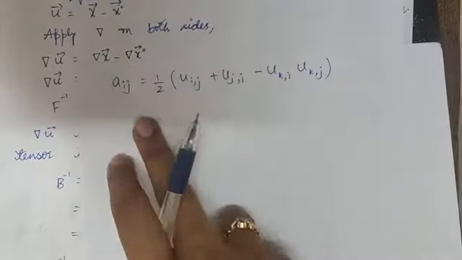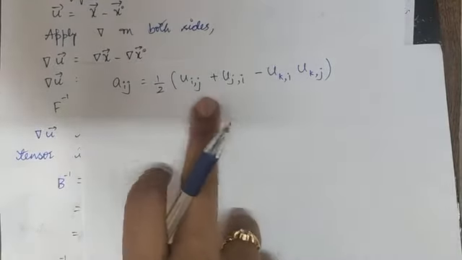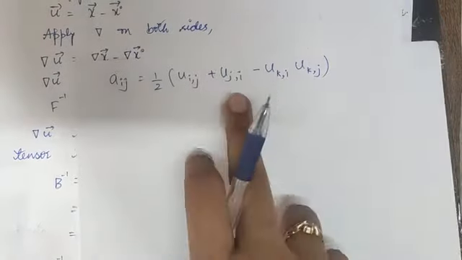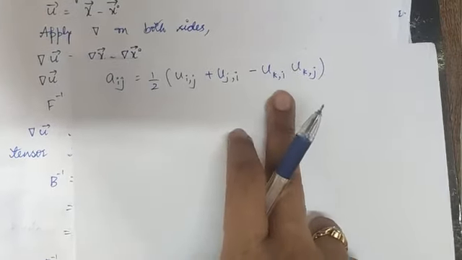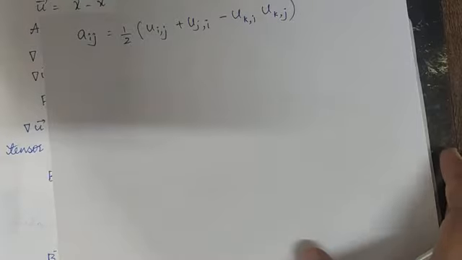And the last one, aij is equal to half into ui comma j plus uj comma i minus uk comma i uk comma j. This is all about strain displacement relation. So now using these B inverse, A, F inverse, you can solve some problems. That is, using the strain displacement relation, you can solve some problems.